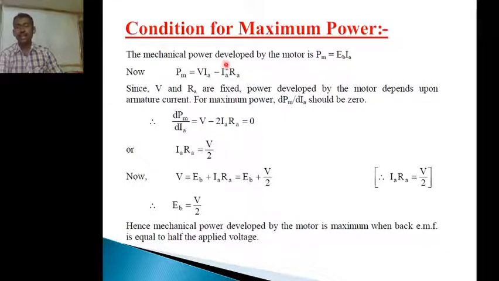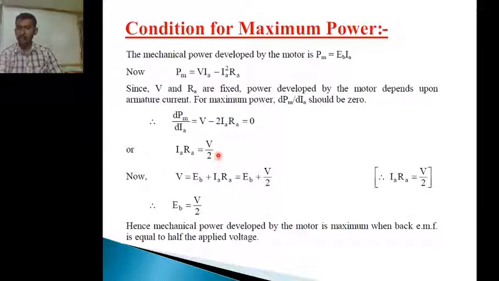In order to get the maximum power, according to our mathematical rules, we differentiate with respect to Ia and equate to 0. The derivative of V into Ia with respect to Ia is V into 1, that is V, minus 2 into Ia into Ra, equal to 0. So Ia Ra is equal to V by 2.